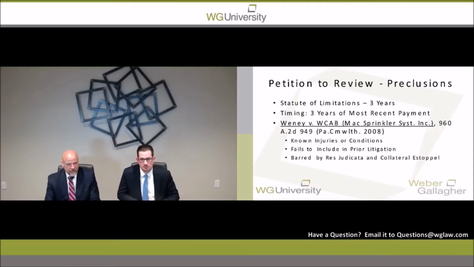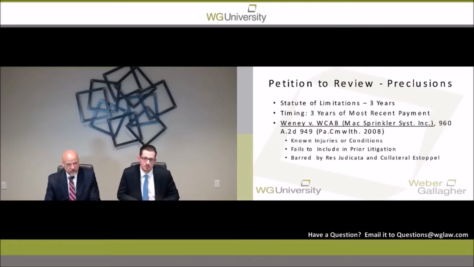basically under the Waney test or the Waney series of cases, what the courts have said is if the injured worker is in litigation, it's their burden to raise the issue of description of injury the very first time you're in litigation. What happened in Waney was there was a round of litigation.